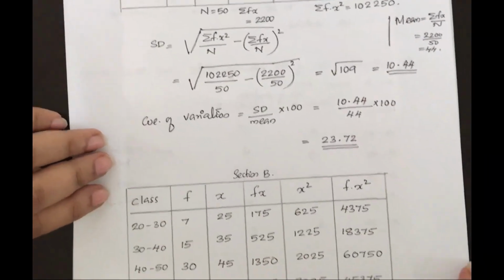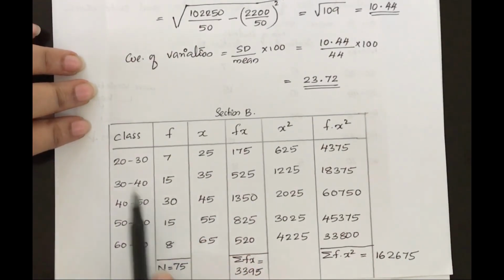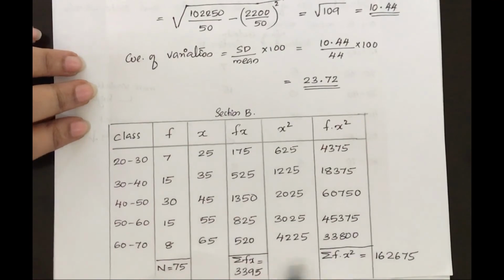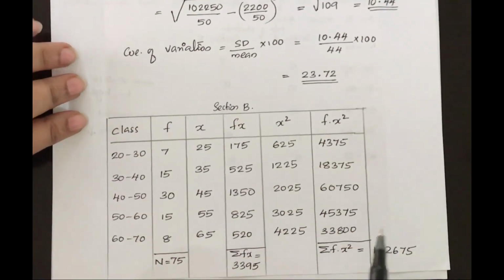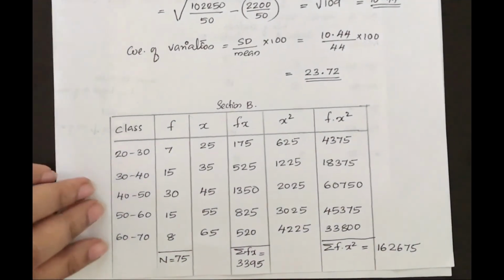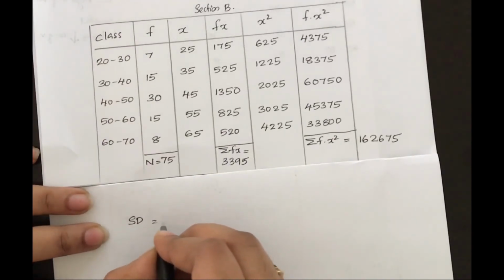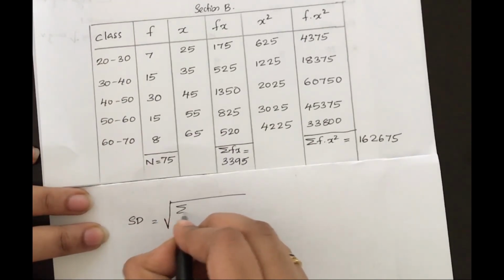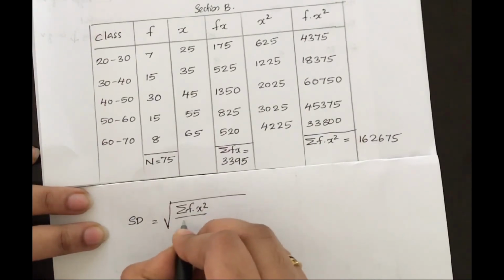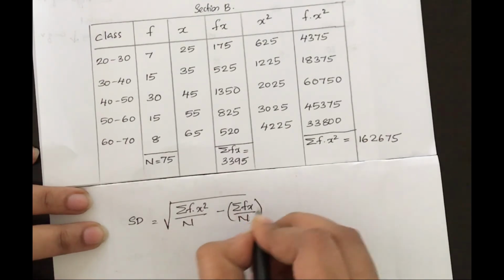In section B, when we are completing the table, the class and session B's frequency are taken, x is the mid value of the class, then complete the table. Then we are going to find the standard deviation using the equation. Standard deviation is equal to root of summation f into x square divided by n minus summation fx by n the whole square.